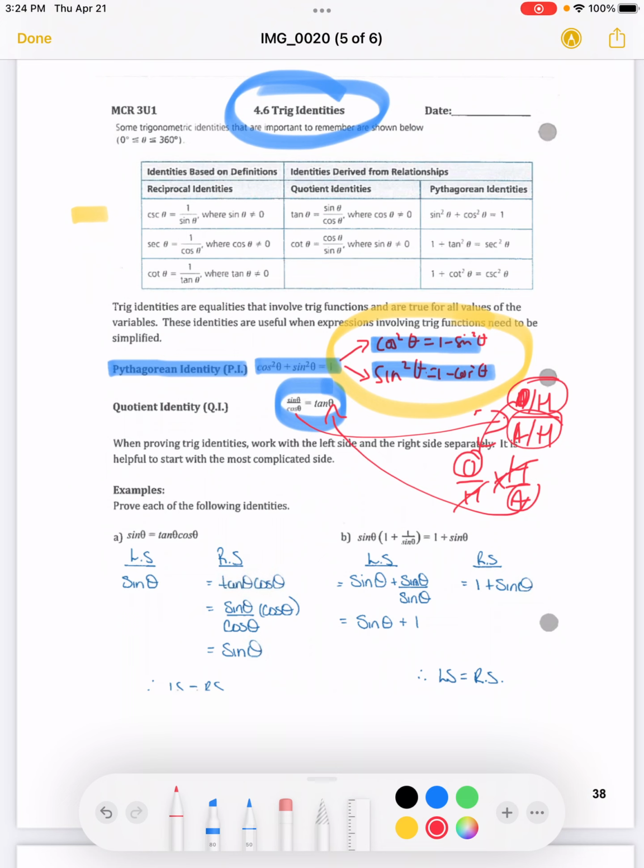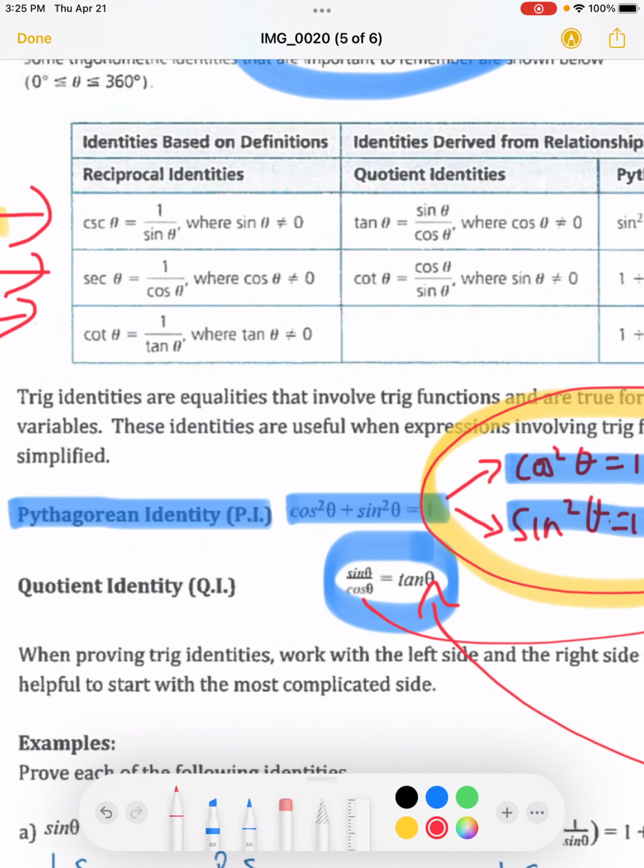You don't have to memorize these. These guys here are all versions of things that you already know. They're either versions of this that have been played around with, or this is just showing you that cosecant theta is 1 over sine theta, secant theta is 1 over cos, and cotangent is 1 over tan.